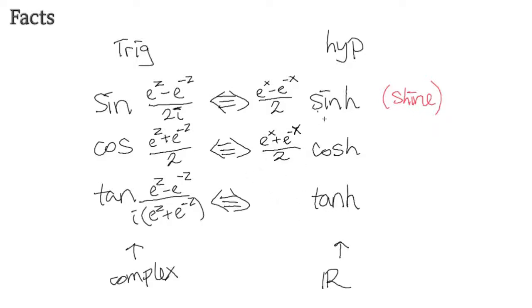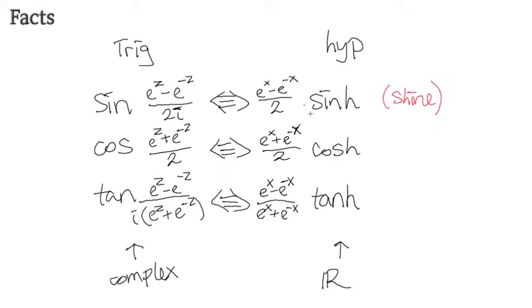We divide sinh by cosh, and we have e to the x take e to the minus x all over e to the x plus e to the minus x, and that would give us the algebraic expression of the function.